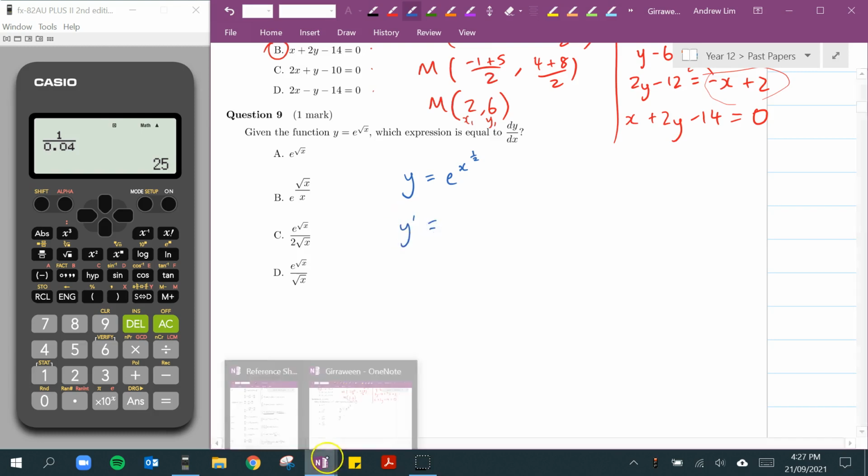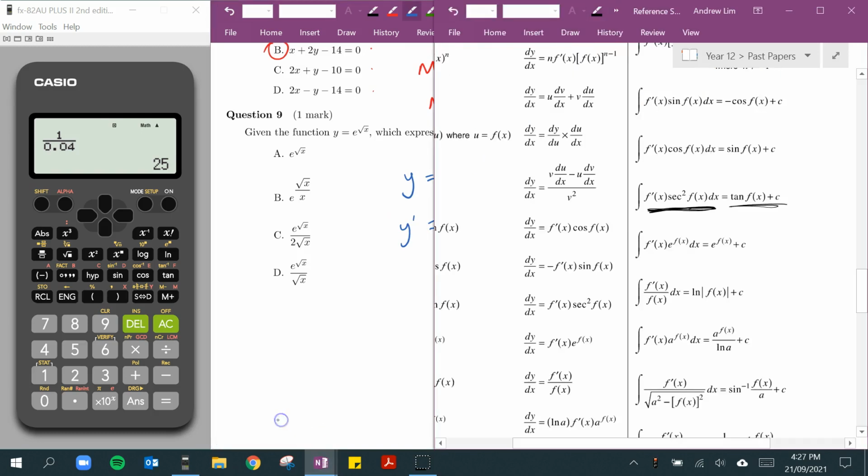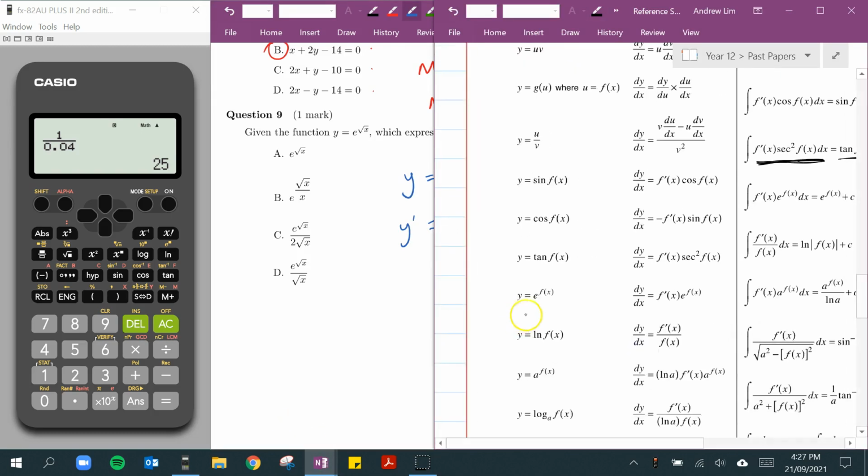When we differentiate an exponential, what do we get? So here's our reference sheet. When we've got e to the f of x, f dash of x comes down to the front, and then we just write the same function, e to the f of x.